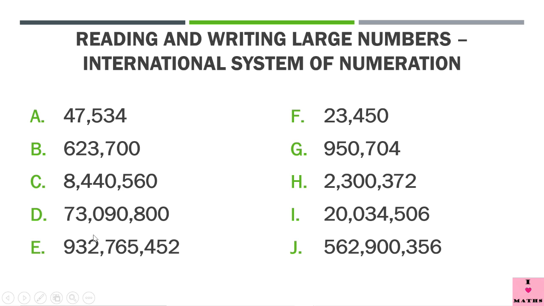Okay, let's go to a slightly bigger number. This is millions period, this is thousands period, and this is ones period. 73,090,800. Since there was 0, 90 in thousands period, I just read it as 90,000.